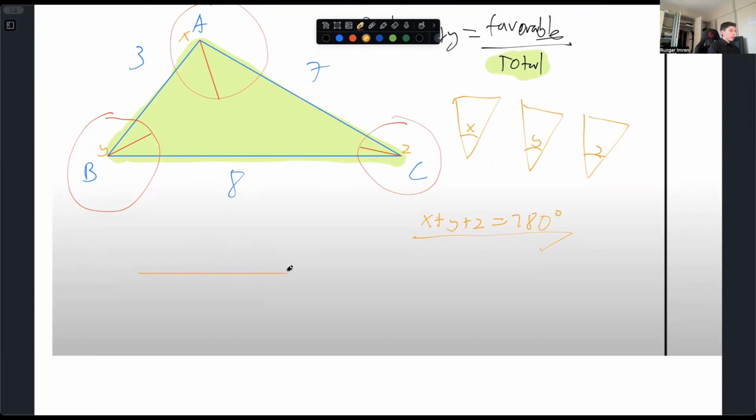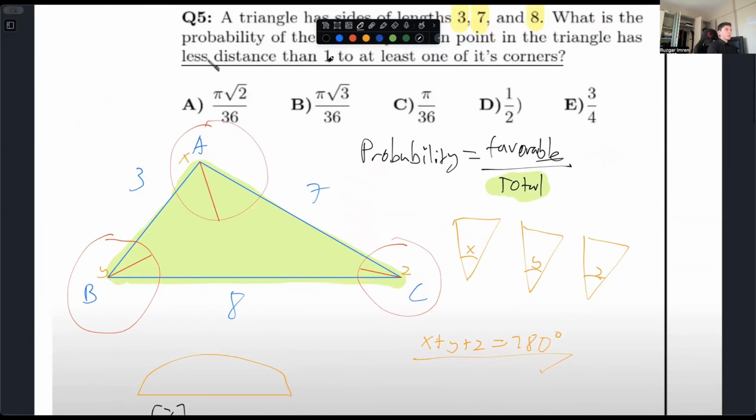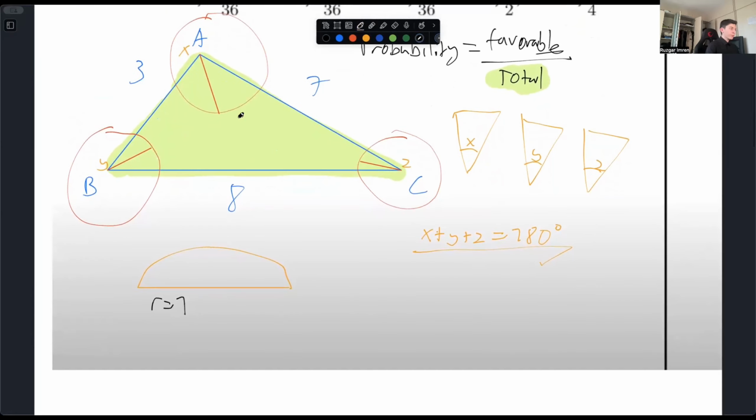if this were a circle, half of this circle, the area of the half of this circle, is going to be the favorable points that the actual point could be located inside. So if we were to calculate the area of this half circle with a radius of 1, because it says less distance than 1.